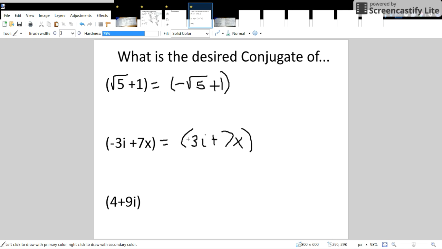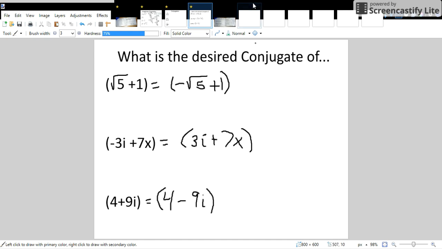Again, we only changed the sign in front of the i part. Okay, pause the video, see if you can find the conjugate of this last one, 4 plus 9i. The conjugate of 4 plus 9i is 4 minus 9i.